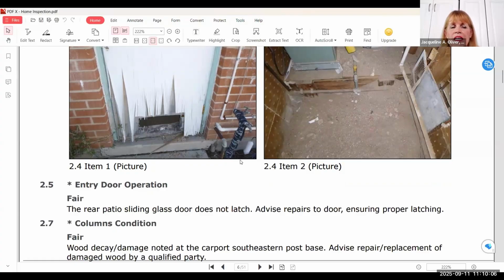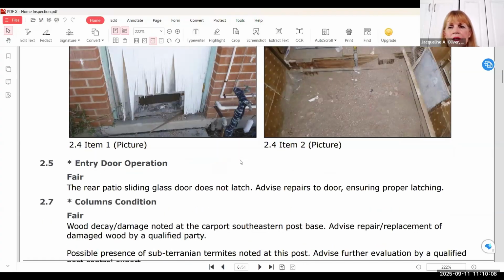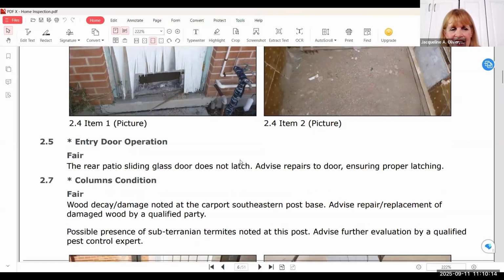Entry door, and you'll see many comments about fair, satisfactory, good, etc. You won't find many good in this report. Rear patio sliding glass door does not latch. Advise repair a door, again, the same thing, so that you can latch. Well, this particular house had doors that were wrought iron, and so they had their own lock.